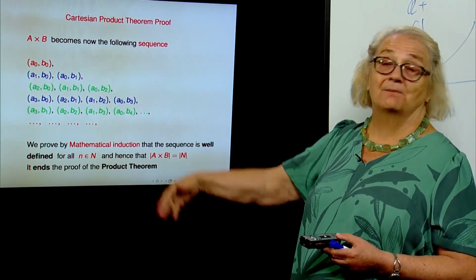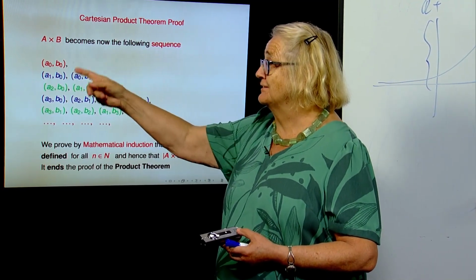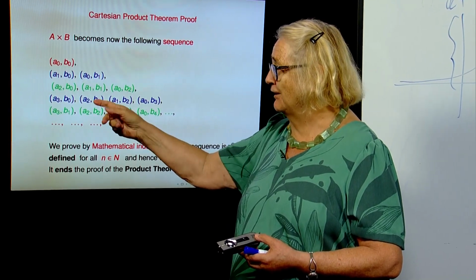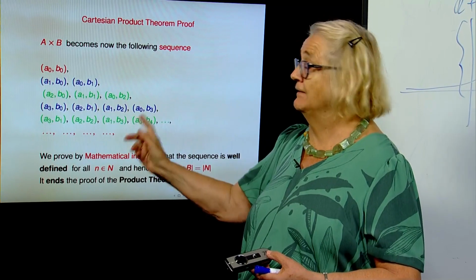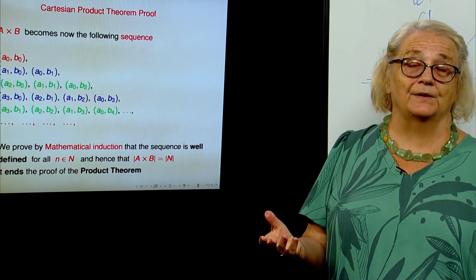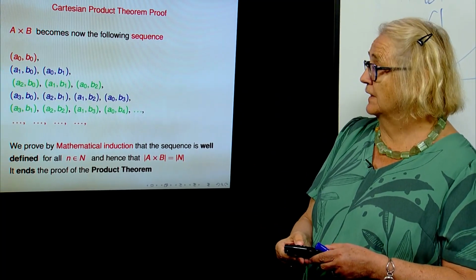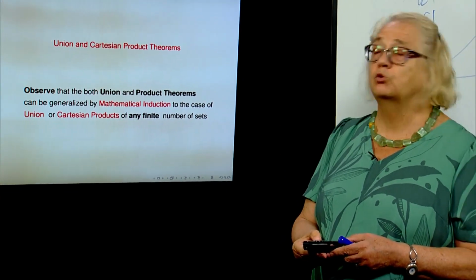And this is nicely defined by mathematical induction: first the zero diagonal, then the first, the third diagonal, the fourth diagonal. You can define by mathematical induction a map from the natural numbers onto all elements of the Cartesian product. And this is called the union and product theorem.